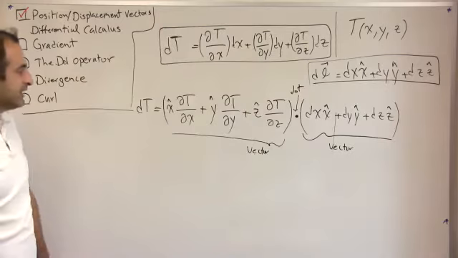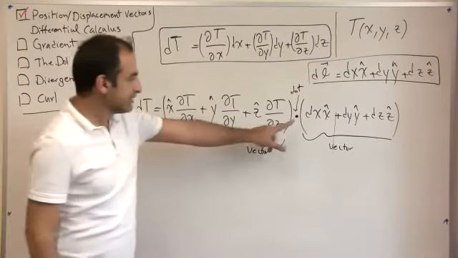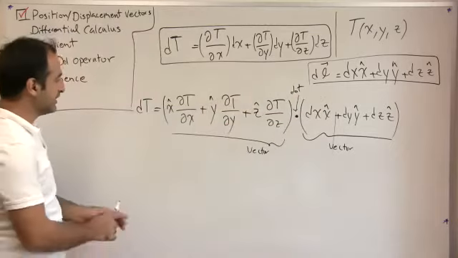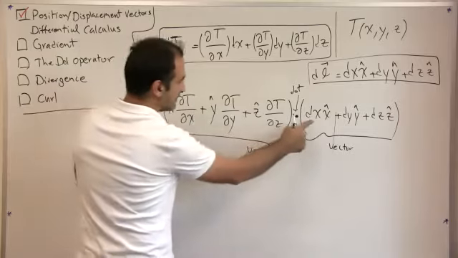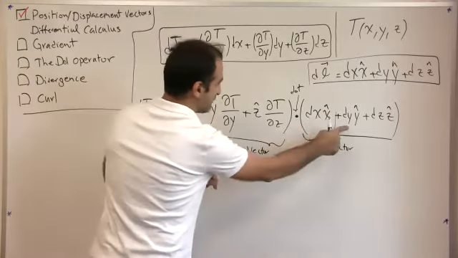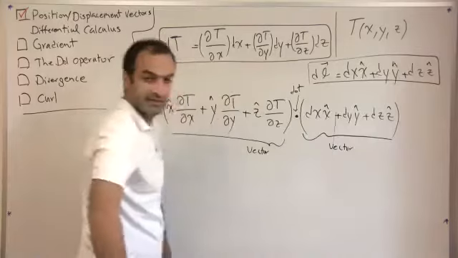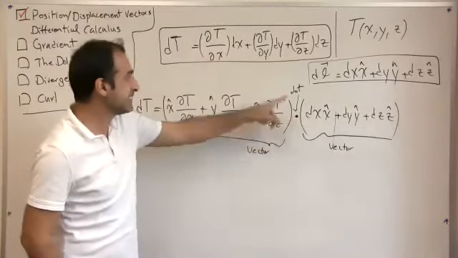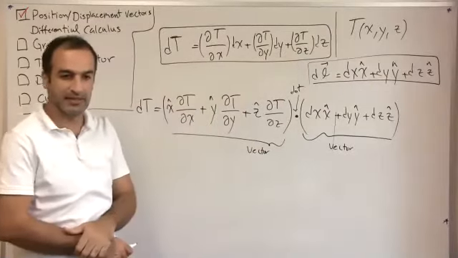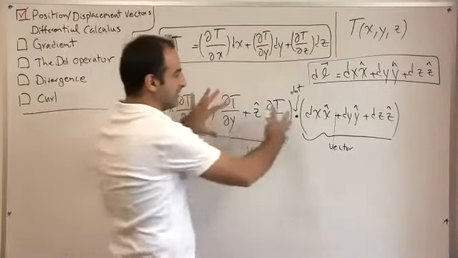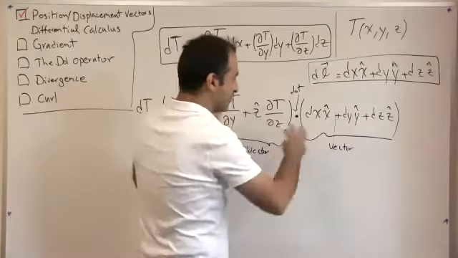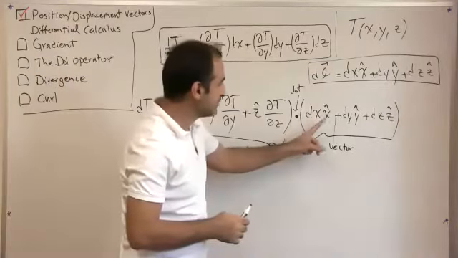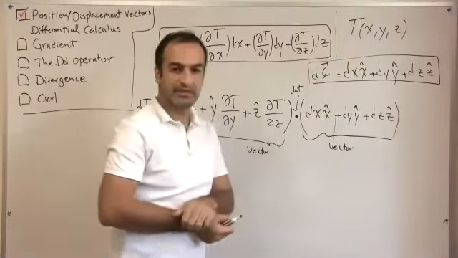If you look at this dot product, what you do is multiply the like components and add them algebraically: dt over dx times dx, dt over dy times dy, dt over dz times dz. So these terms combined with this dot product are actually the same as what we have on top. In a way, I just expanded that and wrote it in a way that looks more complicated. But now, this one is exactly the displacement I have here.